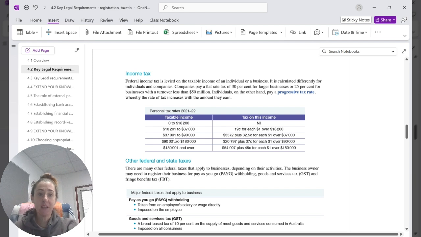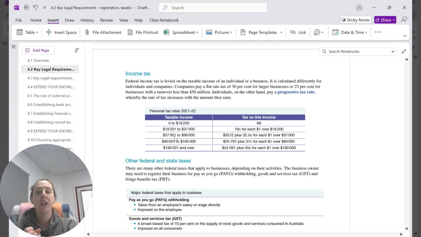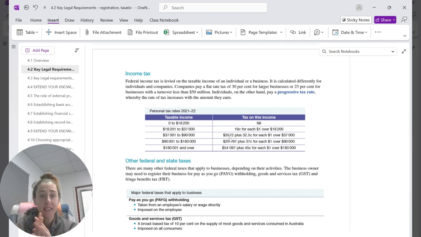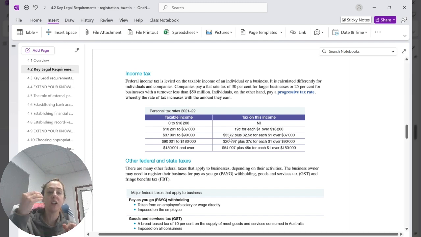In the next bracket, from $37,001 to $90,000, you're going to pay a flat amount of $3,572, plus 32.5 cents for every dollar that is over $37,000. Can you see we then move through the scale? Depending on where you sit is how much tax you're going to pay on that income.